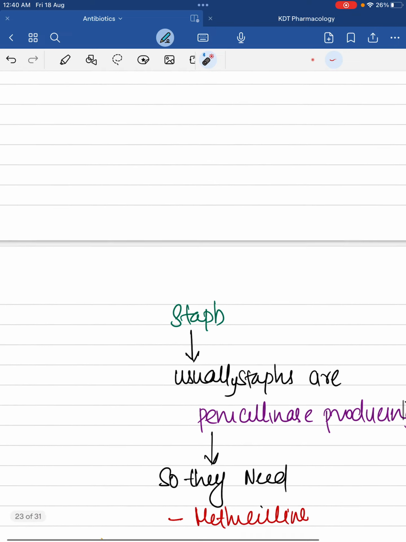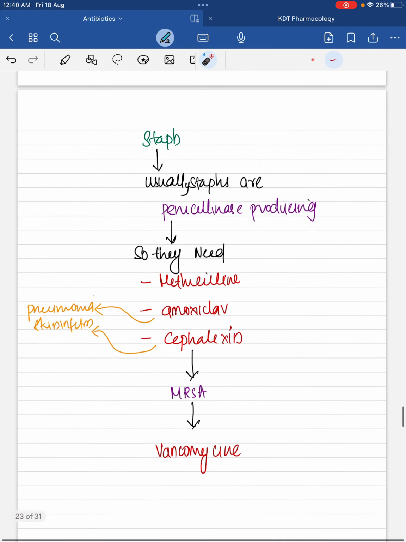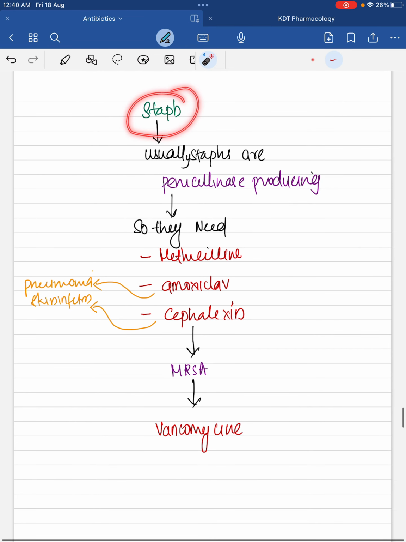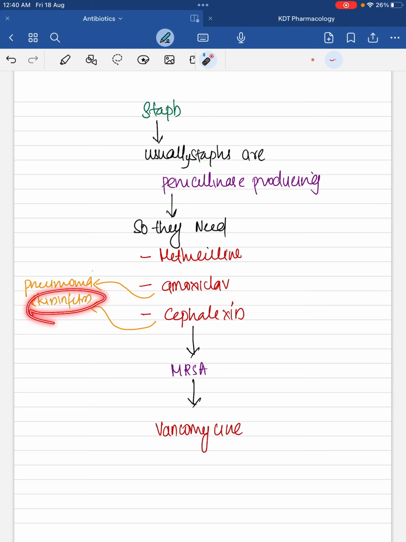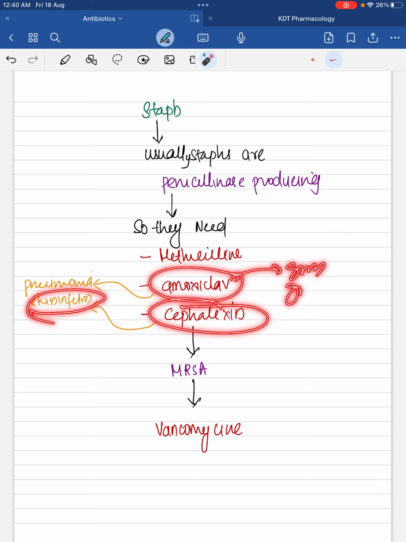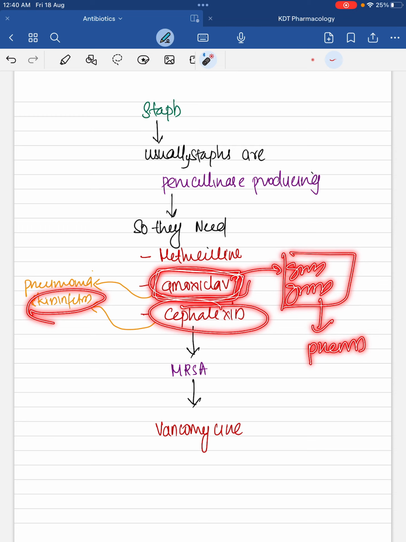So now you know how to treat a staphylococcal infection. First we will give either of these depending upon the case. For simple pneumonia we will give only amoxiclav. In a simple skin infection we will give cephalexin. Amoxiclav will cover gram negative and gram positive, which are all the etiological agents for pneumonia. So in pneumonia, amoxiclav is needed.